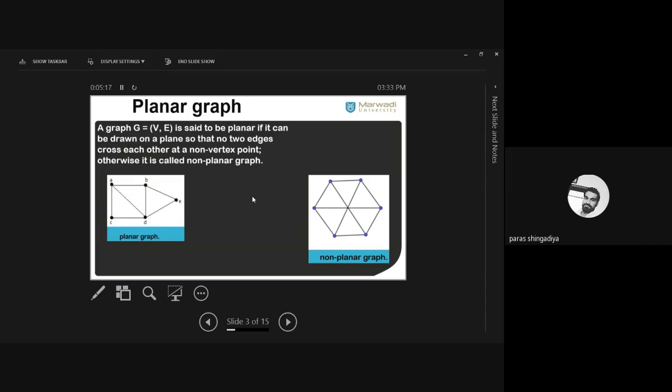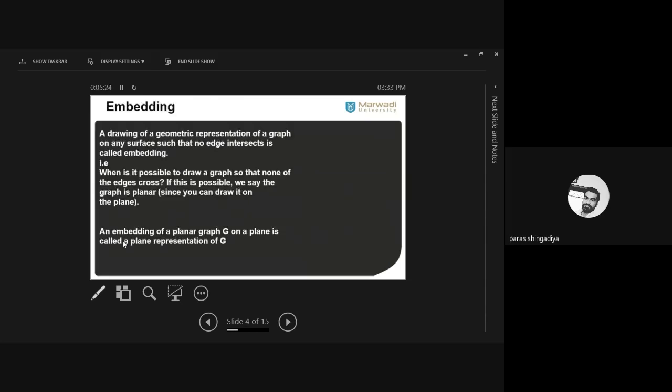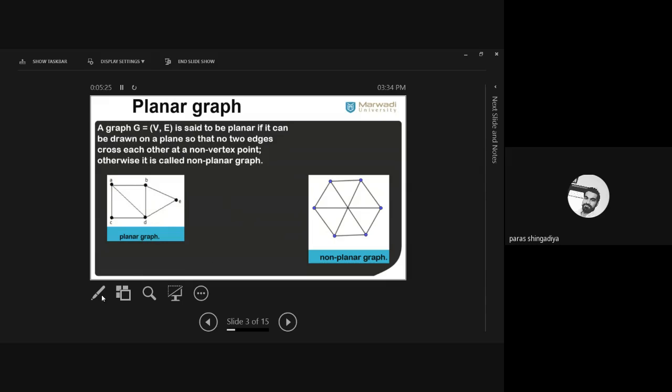So what is the meaning of non-vertex place? Okay. If I consider one cross between two edges, yeah, that is a cross here. So here there is no vertex. Okay, there are only 4 vertices, and there is a cross between these two edges. So here there is no vertex, okay? And at that place two edges cross.